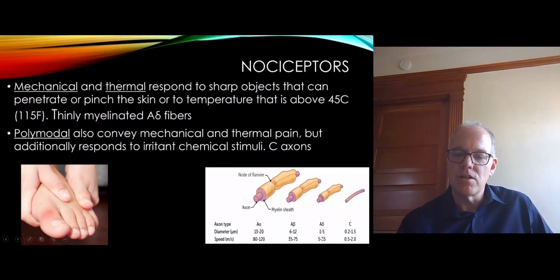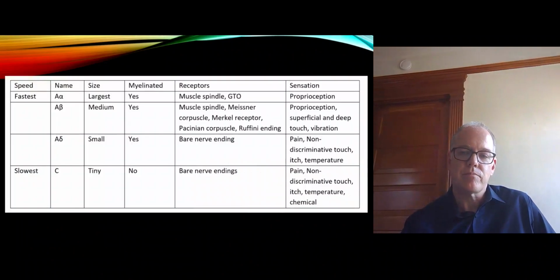Initially you get the information from the A delta fibers, 5 to 35 meters per second. But then the more intense, vivid, unpleasant pain is conveyed by the C fibers, and it happens a little bit later. Just an illustration of the timing difference there.